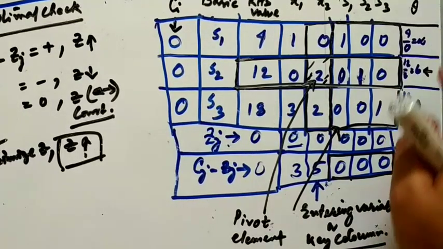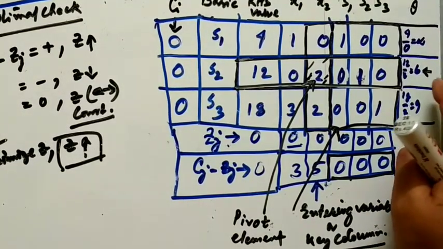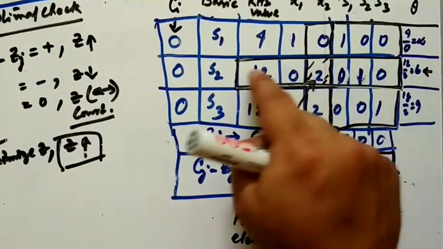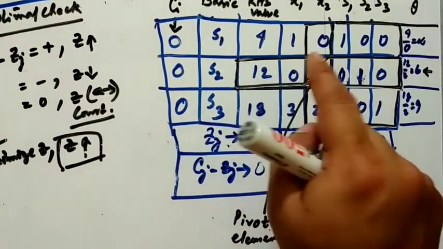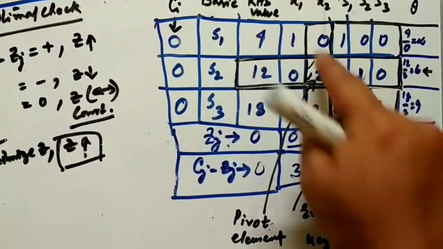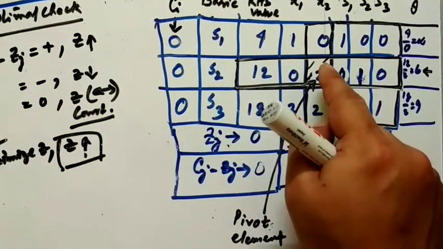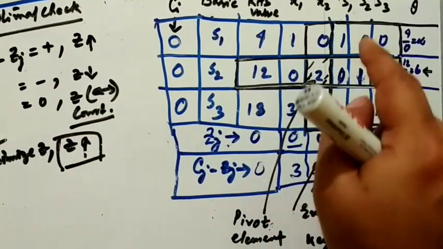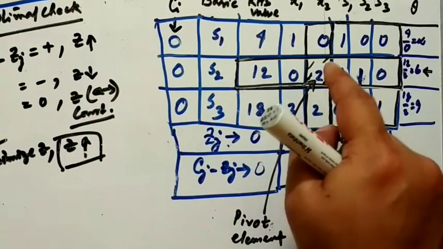From this replacement ratio, we have to find the least positive value, that is 6 over here. Corresponding to this value, this will be the key row, and where the key row and key column meet, the intersection of the key column and the key row gives you the pivot element. That pivot element for this particular problem is 2.